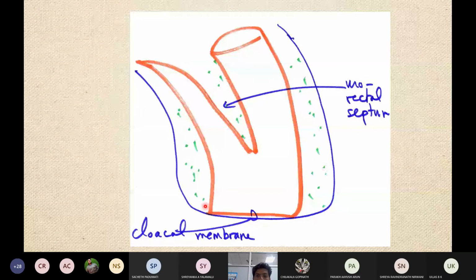Okay, now the urorectal septum still grows inferiorly. You can see the same growth over here, which will almost reach the cloacal membrane in future.